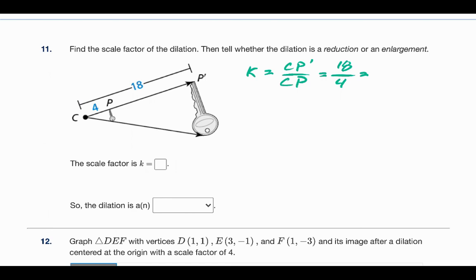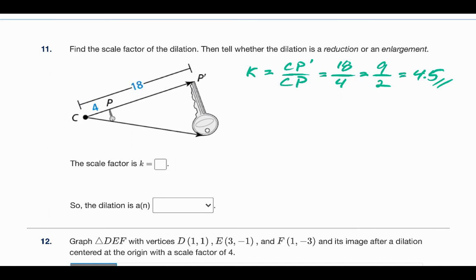On this one here, you would have to reduce it. Again, remember what I said. If you don't reduce it, they'll mark it wrong. So you can do it as 9/2, or I'm pretty sure if you just divided 18 by 4 and put in 4.5, that would probably go ahead and give it to you.